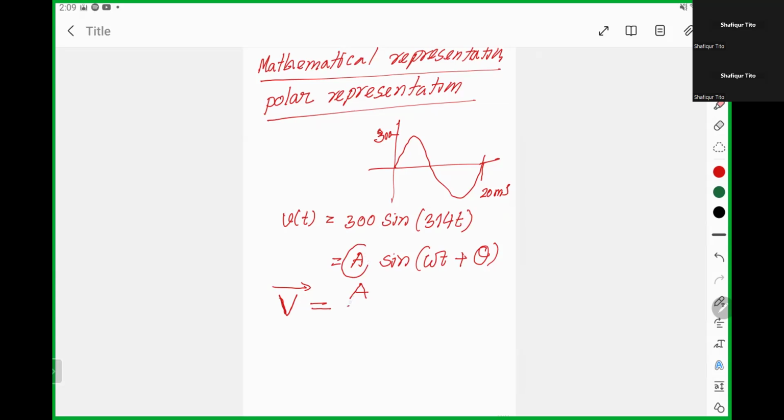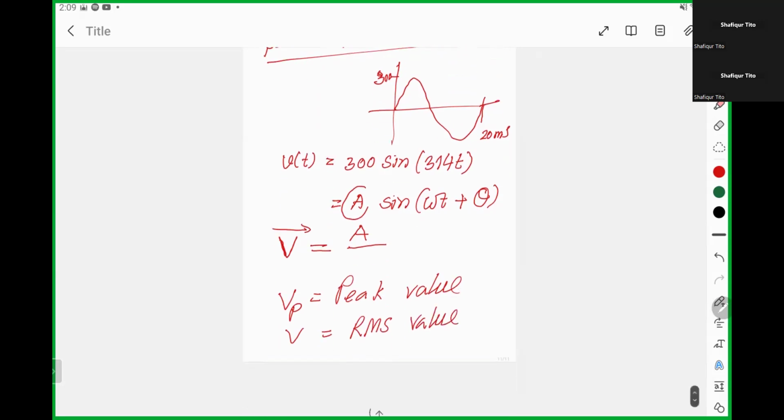What is the relation between peak value and RMS value? We have all learned this, right? So if Vp is the peak value, and V is the RMS value, then what is the relation?